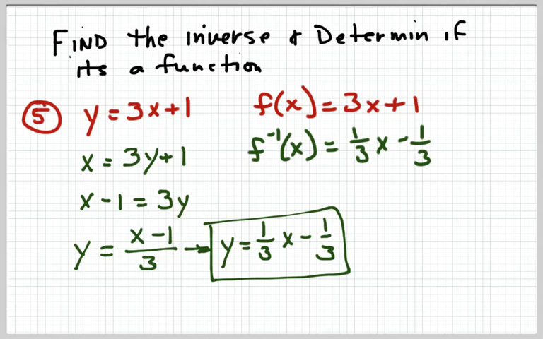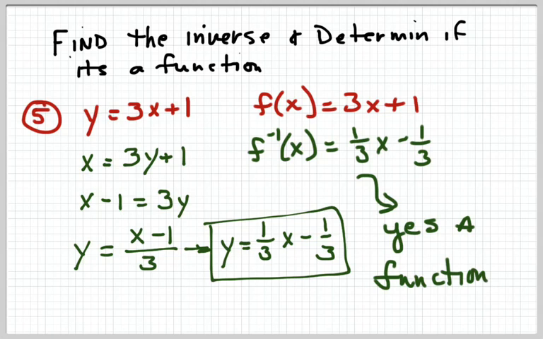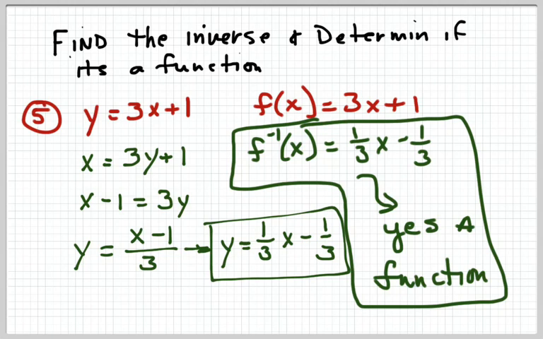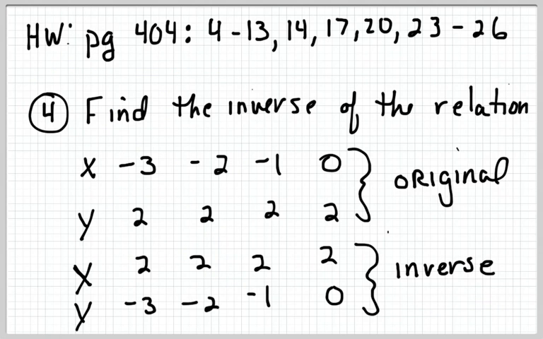And this one, we can say yes, that's a function because it's not a vertical line, so it passes the function test. It goes at a slope of 1 over 3. Yes. And we want to make sure that we've shown our full answer there. Okay, so that should get you through that next group.